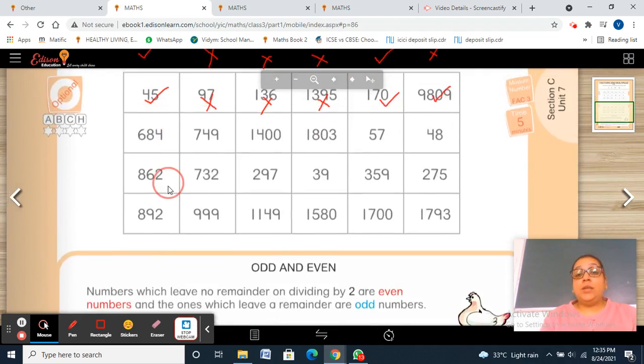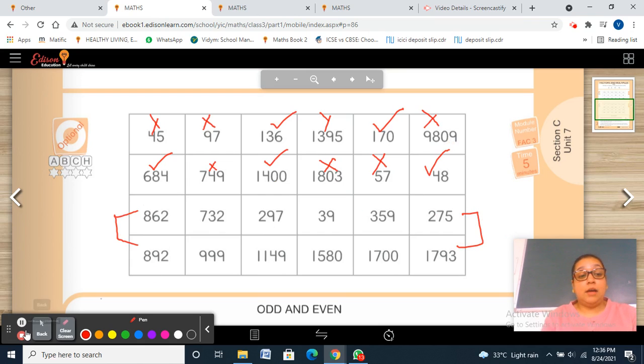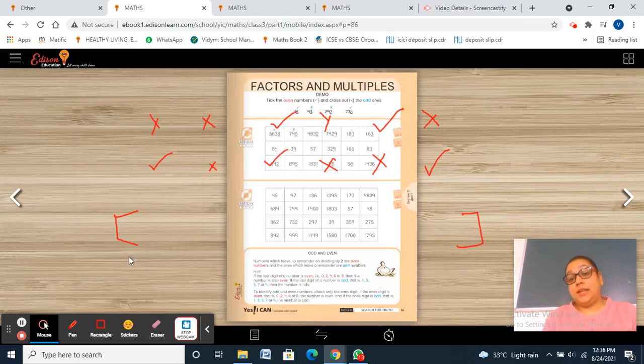So you just have to check the ones place value. 5 odd, 7 odd, 6 even, 5 odd, 0 even, 9 odd, very good, 4 even, 9 odd, 0 even, 3 odd, 7 odd, 4, 8 even. Next two lines you will do it yourself. These are your practice numbers, so you have to do it yourself.